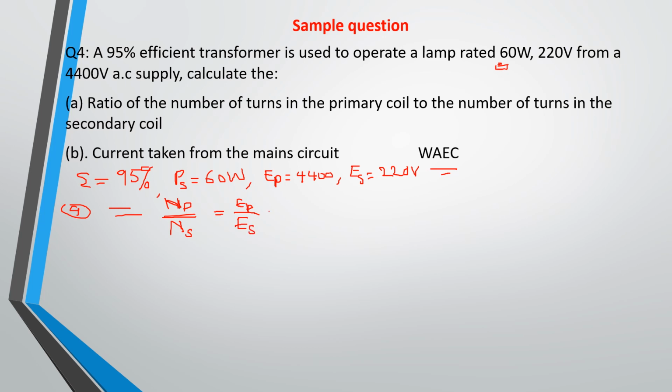This is exactly what we are using now, so that you will not ask how come I'm using that. If you work this out, you are going to have 20. So this gives you the number of turns. That is for the number one.